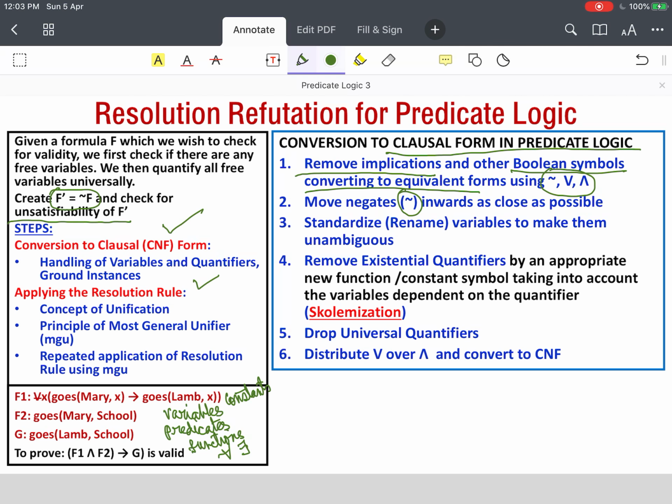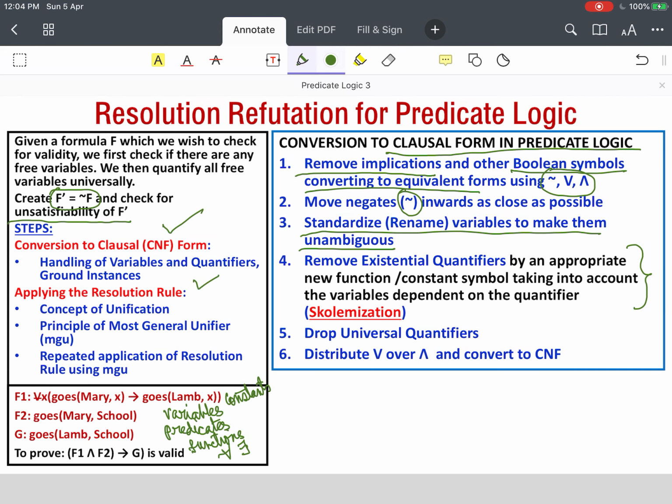And when we move negates across for all and there exists, we have the issue of converting and making sure that they are done correctly. Secondly, we will standardize the variables to make them unambiguous. We know that based on scope rules, the same variables can be reused for different scopes.